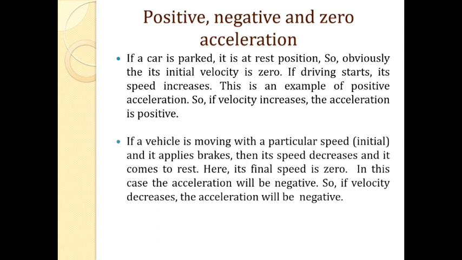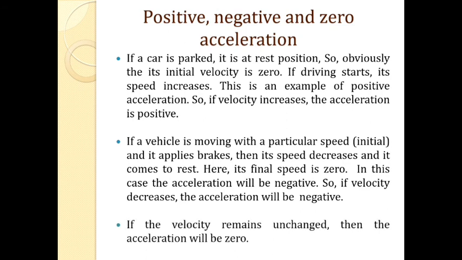On the other hand, if a vehicle is moving with a particular speed or velocity and it applies brakes, after applying brakes either the speed is reduced or the vehicle may stop. That is, the velocity of the vehicle decreases. All such cases where the velocity decreases are examples of negative acceleration.